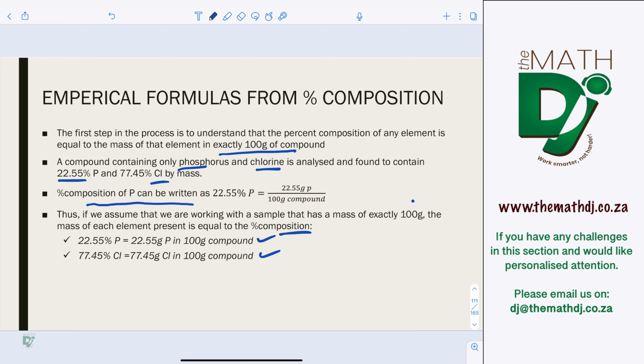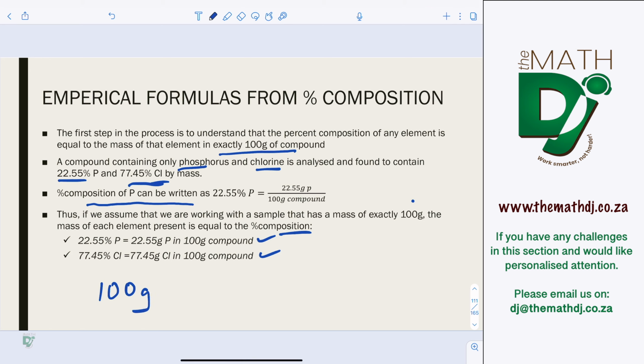They take a substance, then they examine the type of elements that are in there, and they measure the mass, and they find out that one is 22.55%, which is phosphorus, and the other one is 74.75. So from there, we assume we are dealing with an amount of substance with a mass of 100 grams.